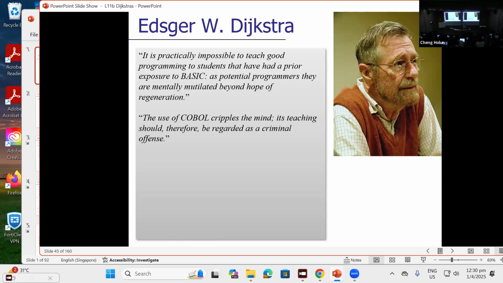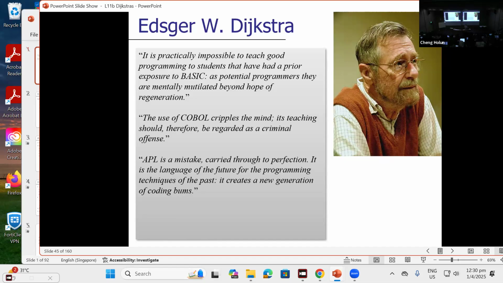COBOL also, he even says it's a criminal offense. Okay, you start insulting. The insults are coming now. APL is a mistake, carried through to perfection in the language. So this guy is very opinionated. Object-oriented programming is an exceptionally bad idea which could only have originated from California.